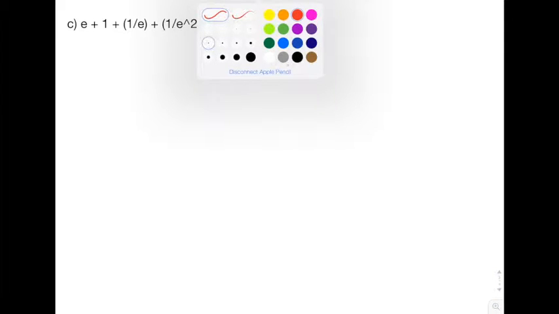Look at the next one. So let's start by finding the terms of this sequence. So we have e, 1, 1 over e, 1 over e squared, etc. and so forth. So let's do a sub 2 over a sub 1. That's 1 over e.